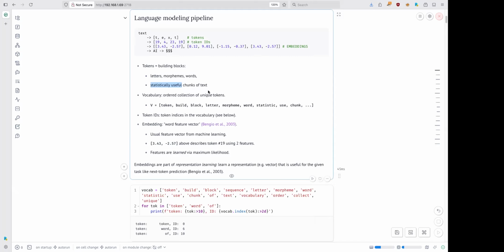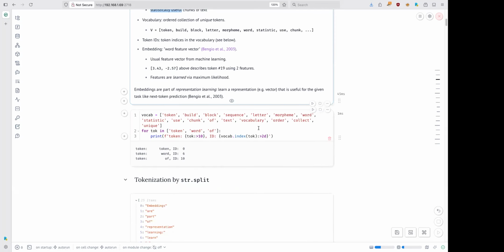For example, there are embeddings that are good at predicting the next token, filling in the blanks, comparing similarities between tokens, and so on and so forth. Embeddings are part of something called representation learning, which is a field of machine learning where the goal is to learn a representation that is useful for some kind of task like next token prediction. Again, you can have a look at the paper. It's one of the fundamental papers that introduced the concept of embeddings, predicting the next token, and so on and so forth.